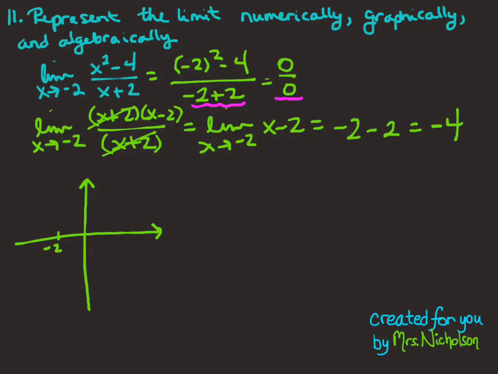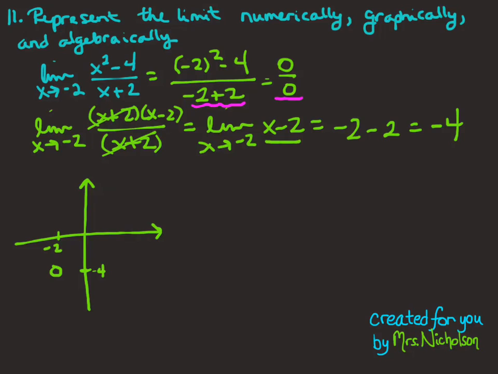So I'm going to mark negative 2. I've already figured out algebraically that my limit is negative 4, so I'm going to put a hole there. If you graph this on your calculator, or look at our simplified version, the function was x minus 2.